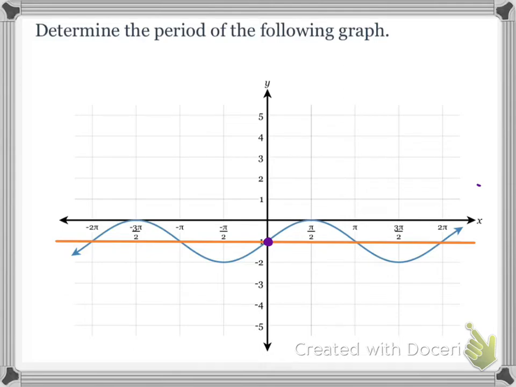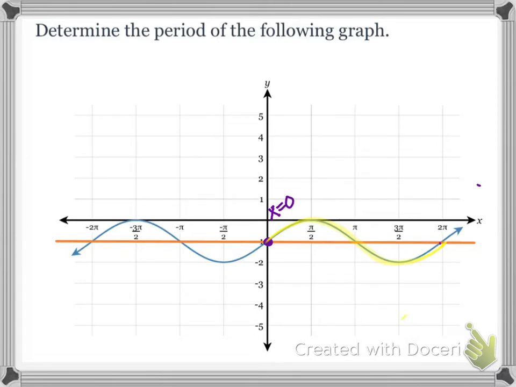So one wave, when it starts on a midline, see how your graph at x equals 0, so we're starting at x equals 0, let me make sure I mark here, at x equals 0. Our graph starts on the orange midline, and it's going to go up, and then it's going to go down, and then it has to come back up again and stop, okay?